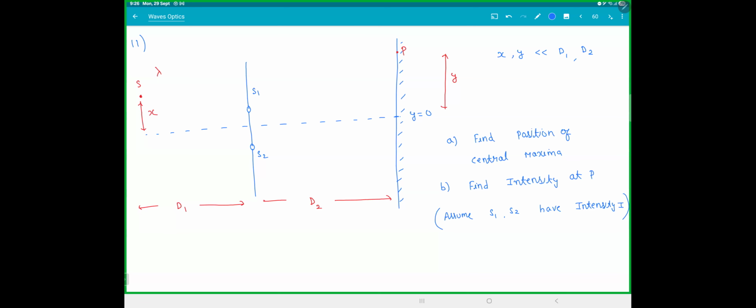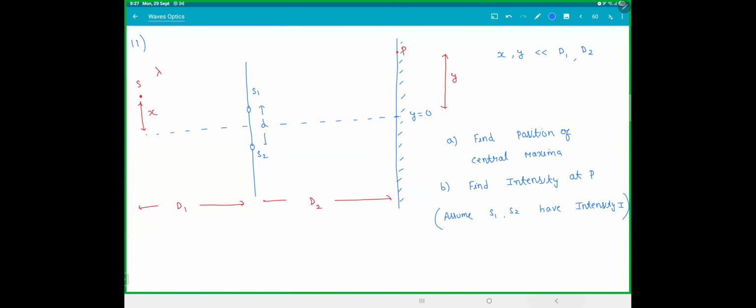How do we handle this? Take small d, na? Let's see.